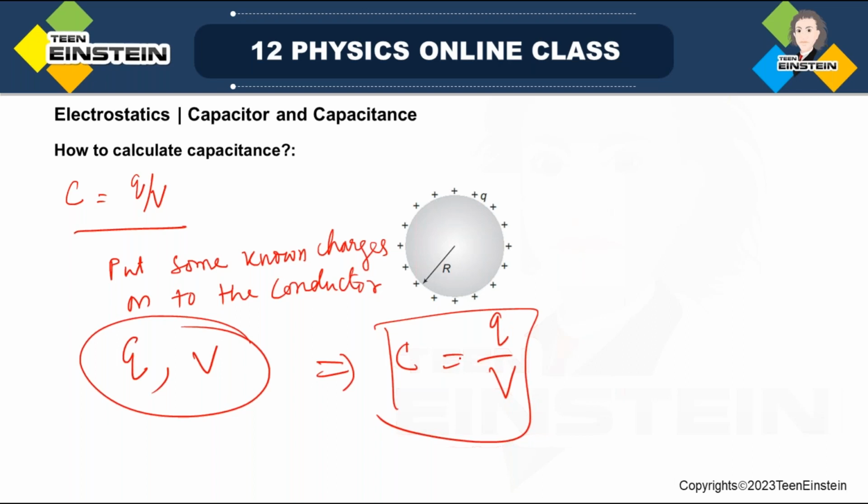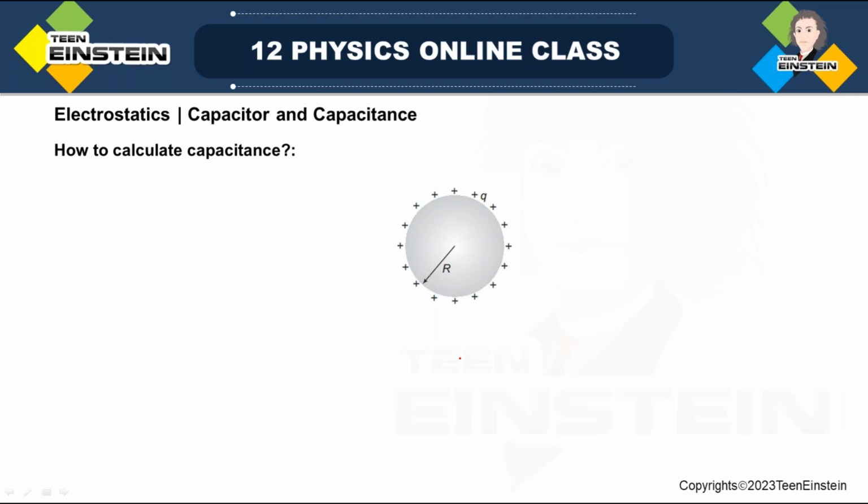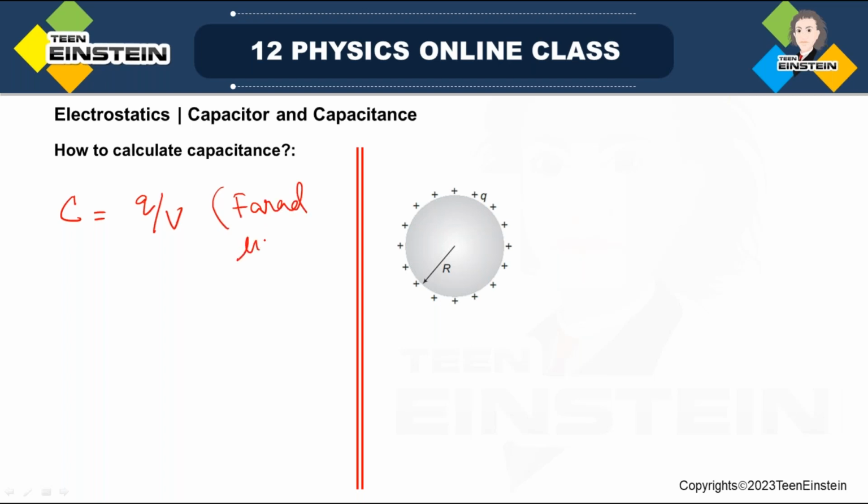Now see here, I have got a spherical capacitor. We know C is equal to Q by V, and this has the unit farad or microfarad.